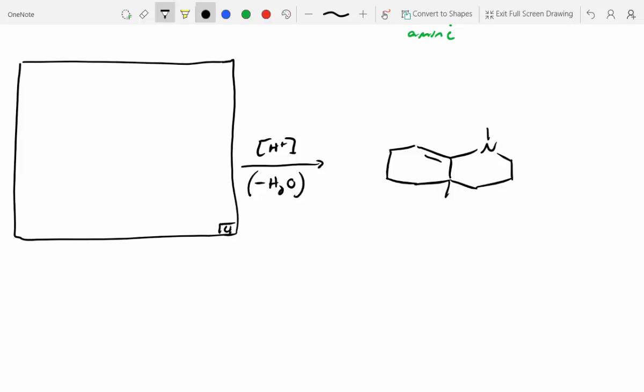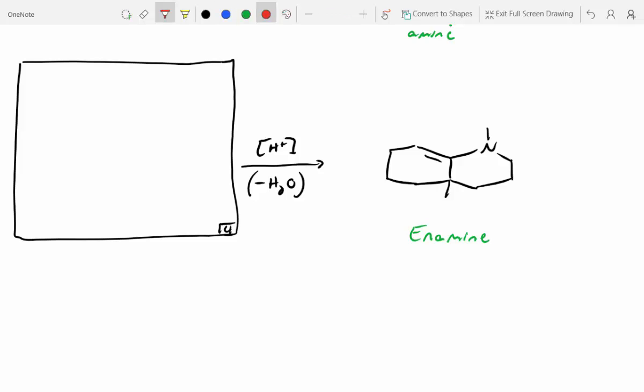How many of you guys think you got it so far? A few people? So first question, are we making an imine or an enamine? Enamine, right? We've got an alkene. So now the question is, where do you think the CO double bond used to be?